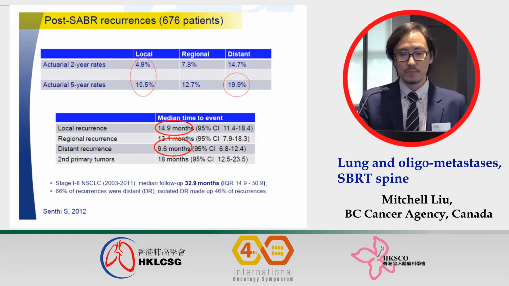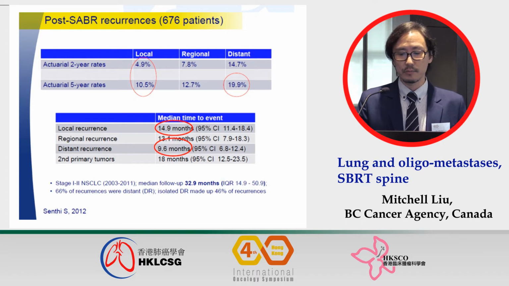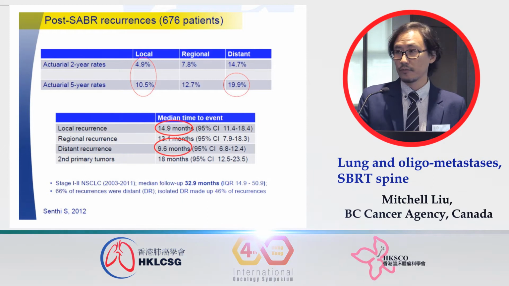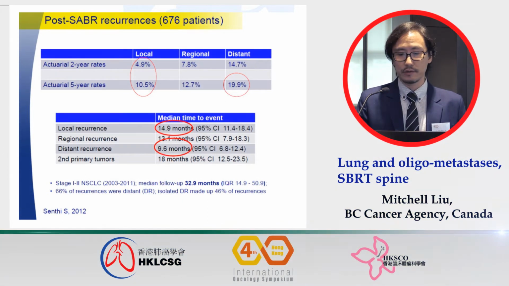Local recurrence usually happens past the first year after the SBRT treatment, that's the most common median time to occurrence, while regional recurrence occurred around a median time frame of 13 months. Distant recurrence usually occurs within the first year.